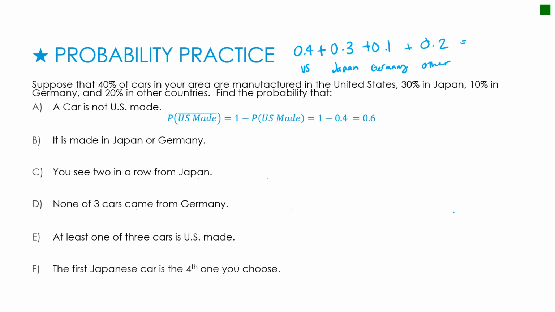I want to make sure that this all adds up to 1. And of course, when I do that, yes, it does. So now that I know that, I can continue with these questions.